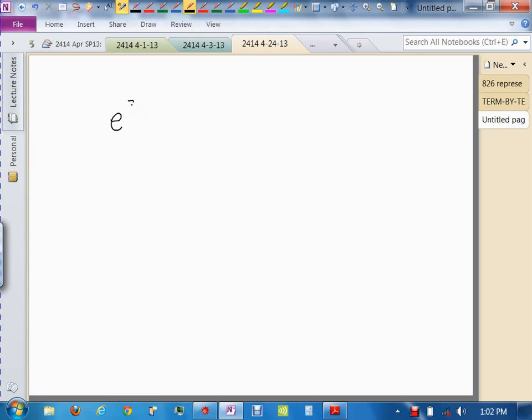Everyone figure out what e squared is on your calculator. Well, approximately. 7.389, 0.56, right? Something like that. And it keeps going. All right, so I'm going to say approximately.